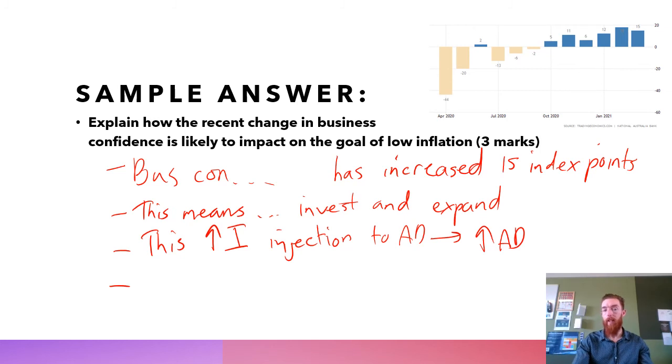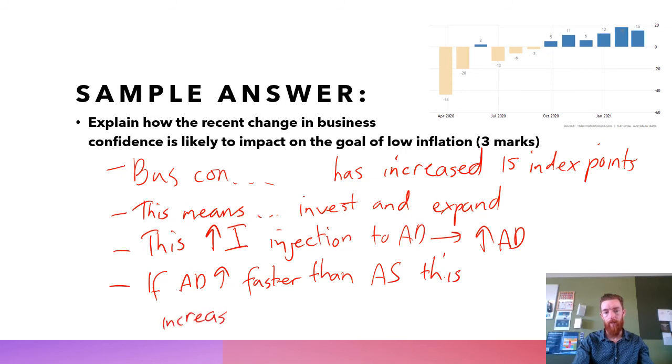So then from that, if aggregate demand increases at a rate faster than aggregate supply, this increases demand inflationary pressure. It's a lot to write very quickly.